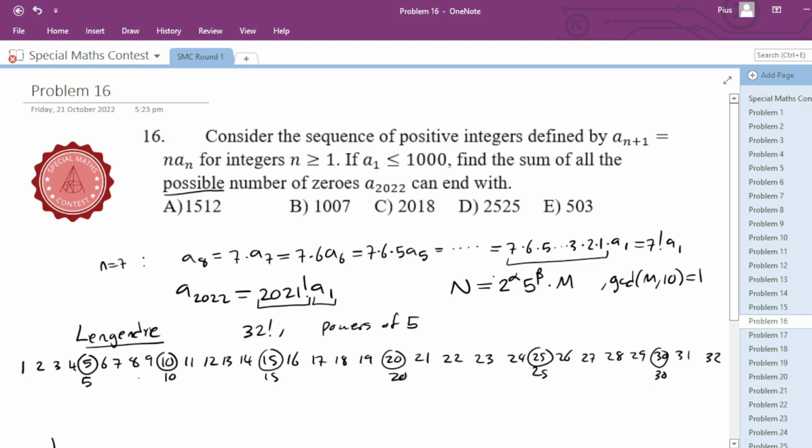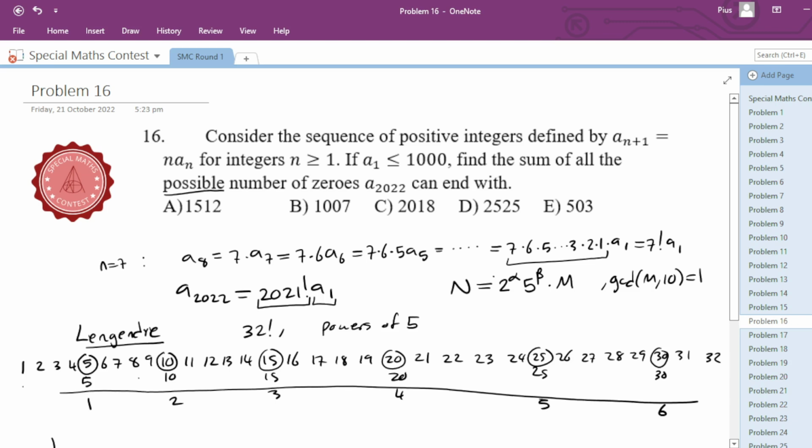Some of these might contribute more powers of 5, but for now we'll just remove a power of 5 from each of them. Once we've done that, we'll have 1 left here, 2, 3, 4, 5, and then here we have 6. So in fact, these numbers underneath give us a way of counting the number of 5s we've factored out.